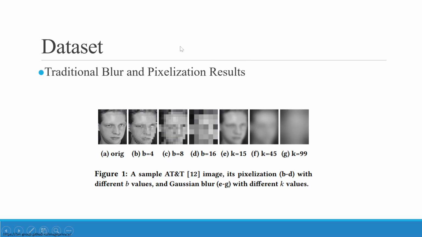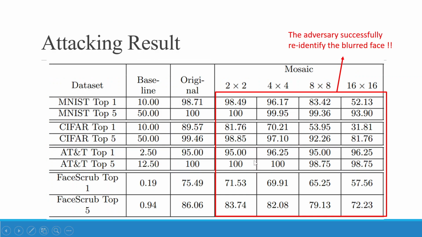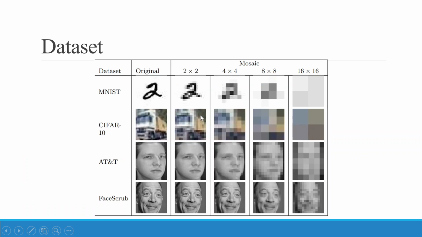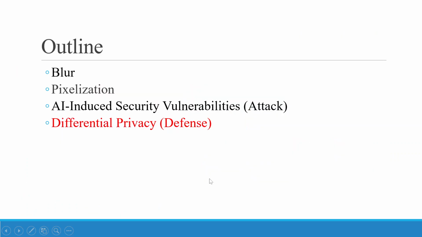And in this page, we have not considered differential privacy. If we have no differential privacy and we just use the traditional blur and pixelization schemes like this, it should be easier to be attacked by AI, the machine learning method. It can more easily predict the original image.